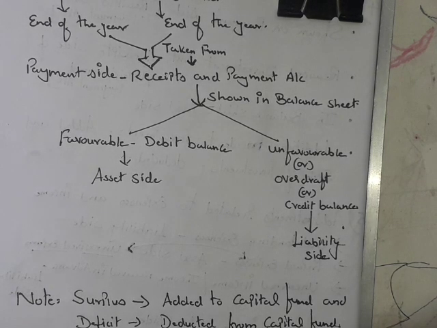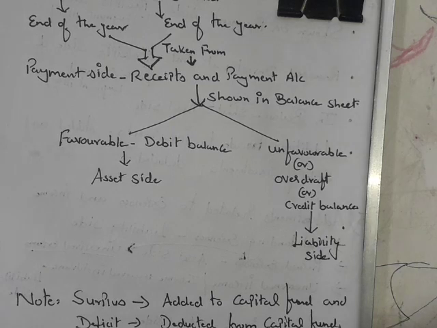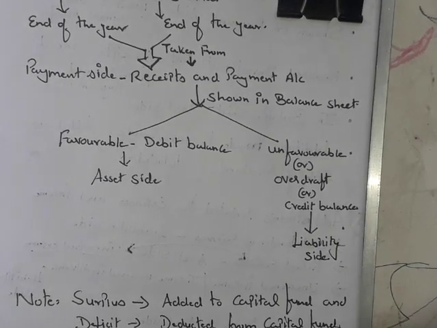Those unfavorable or credit or overdraft balances will be taken up to the liability side of our balance sheet. So when you prepare the balance sheet, the cash at the end of the year and bank value at the end of the year are to be documented.